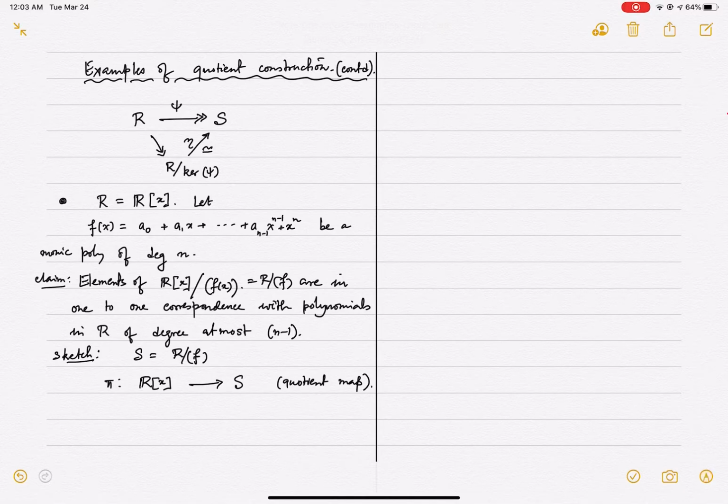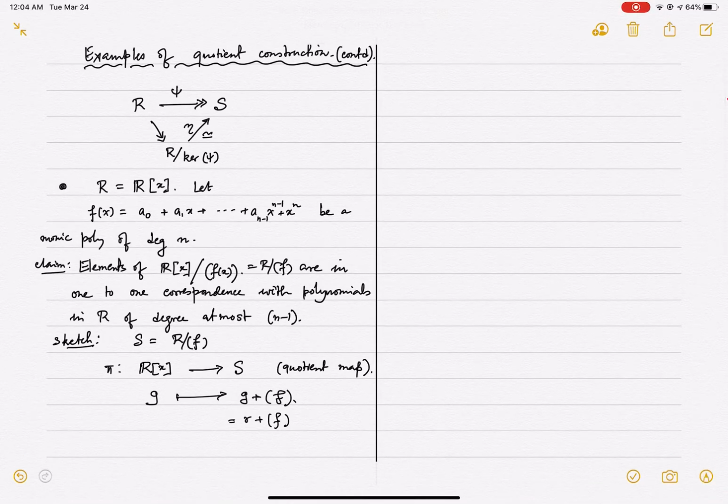If you give me a polynomial g, then it takes it to the coset of it. My claim is that this coset is the same as the coset of r, where r is the remainder when g is divided by f.